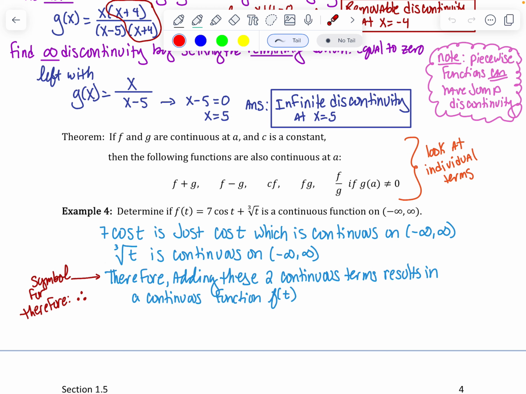The cube root of t is continuous, and so if we're just adding two continuous functions, we'll still have a continuous function. In math, when you use the phrase therefore, often you'll just use this symbol that's three dots, like in the corners of a triangle.